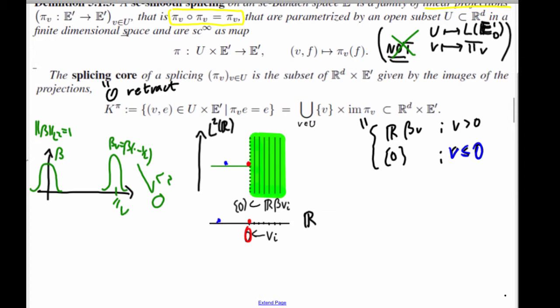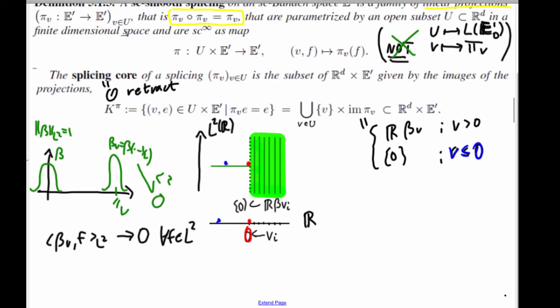What is converging to 0 is the L2 inner product of beta v with any f, for all f in L2. And that's simply because you could check this for a dense subspace, namely the f with compact support. If f has compact support, then once you've shifted far enough out, this is simply going to be 0.